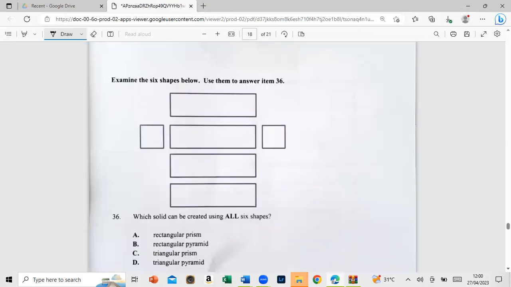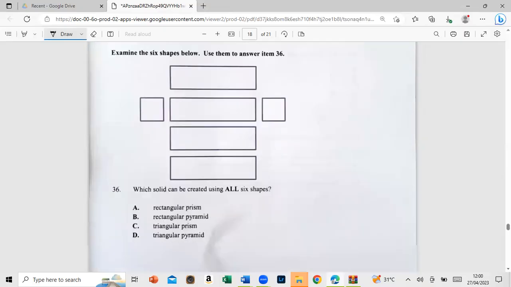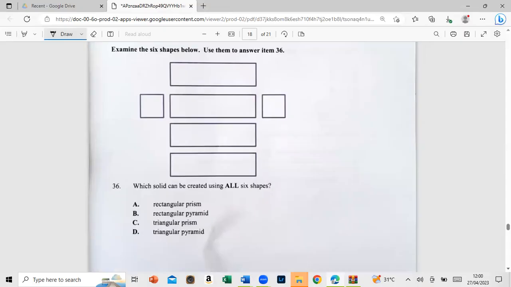Examine the 6 shapes below. Oh Lord. Oh, it's like a rectangular. Which solid can be created? It's like a cuboid, right? A pyramid.